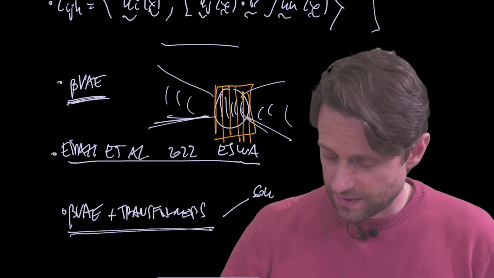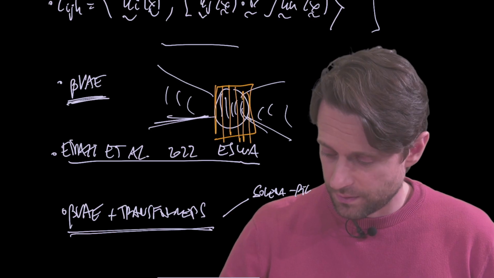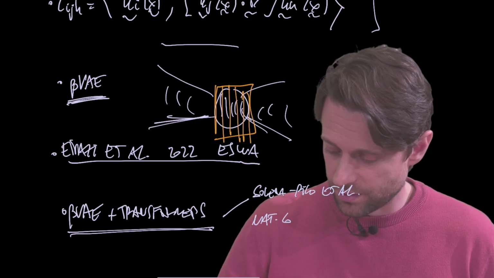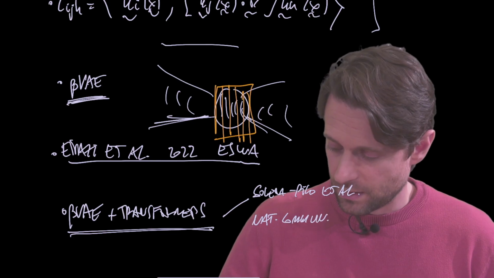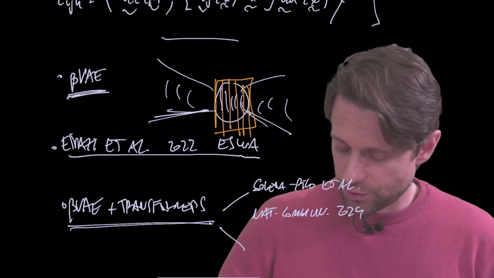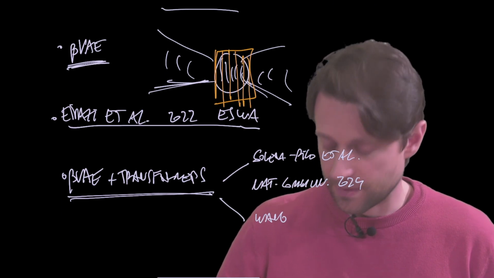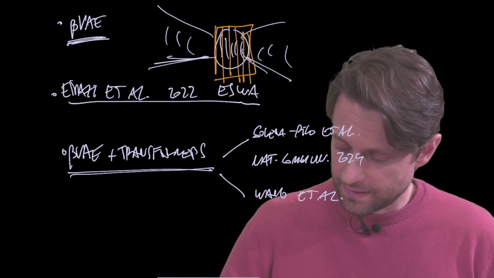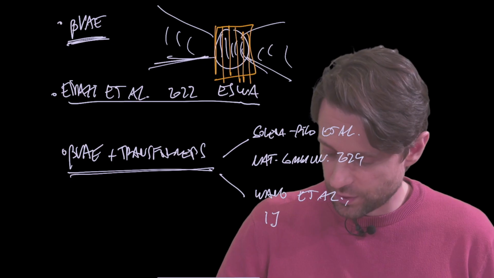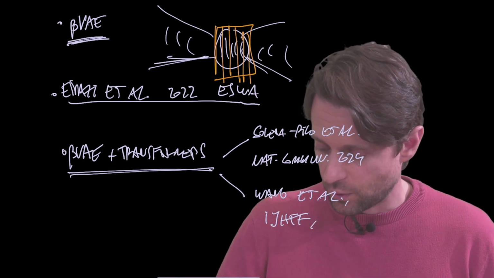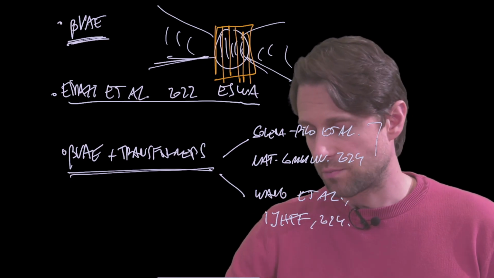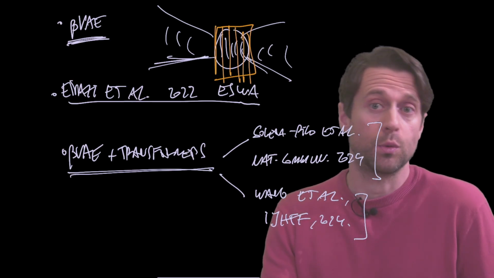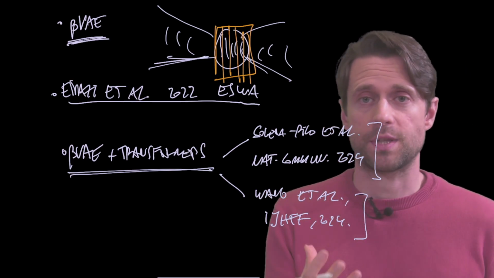This is Solera-Rico et al. in Nature Communications 2024, and also Wang, this is Junning Wang in my group, et al., in the International Journal of Heat and Fluid Flow, also 2024. This is more about the fundamental development of the method, and this is an application to a 3D turbulent flow around an obstacle.